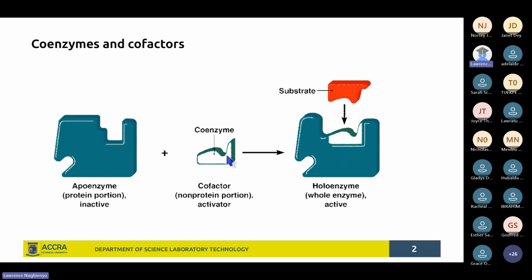Without that ion, hemoglobin will not be able to carry out its function of transportation of oxygen from the lungs to the tissues, and carbon dioxide from the tissues back to the lungs to be exhaled out of the body. So here too, the enzyme requires this non-protein part for it to be active.